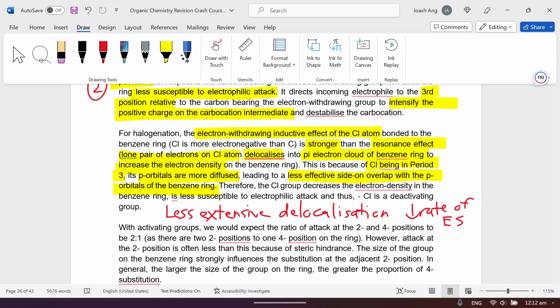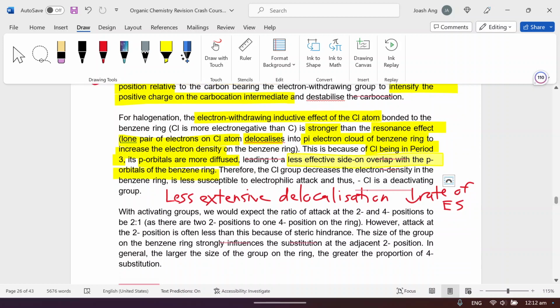You can draw the resonance structure of chlorobenzene or bromobenzene. Then you can see how it actually shows that the negative charge ends up on the second and fourth carbon. And that's why you have your 2,4 directing effect. Okay?